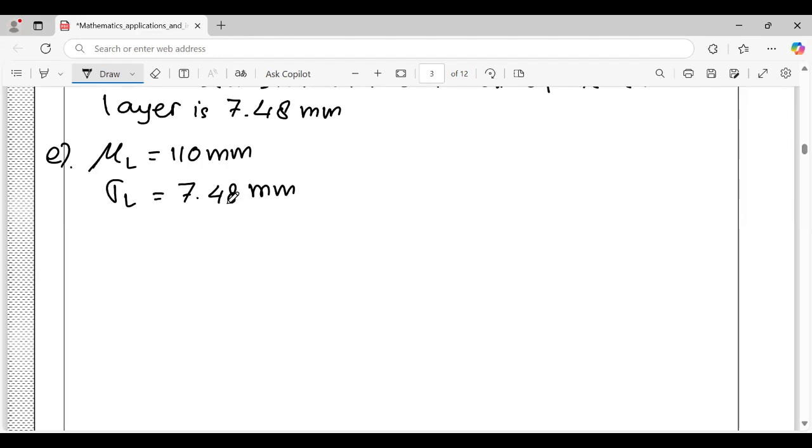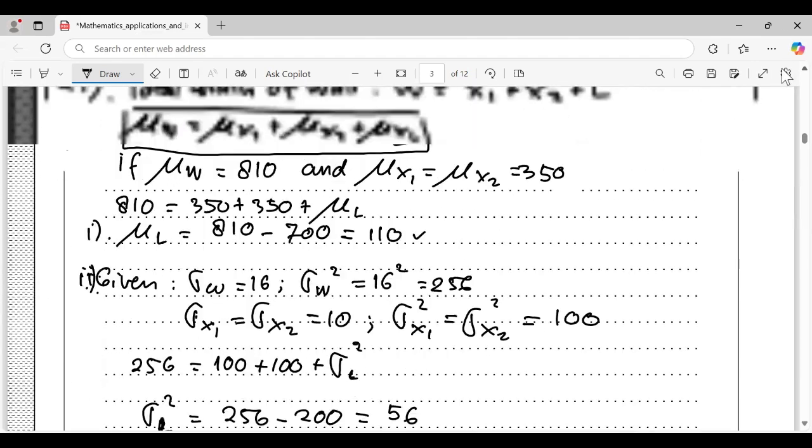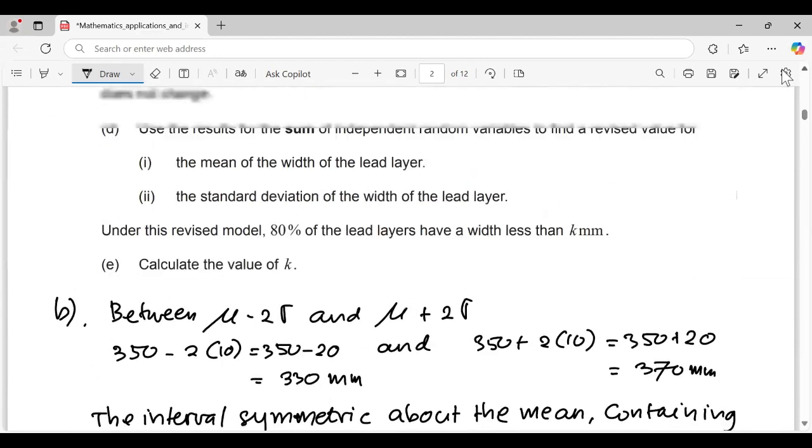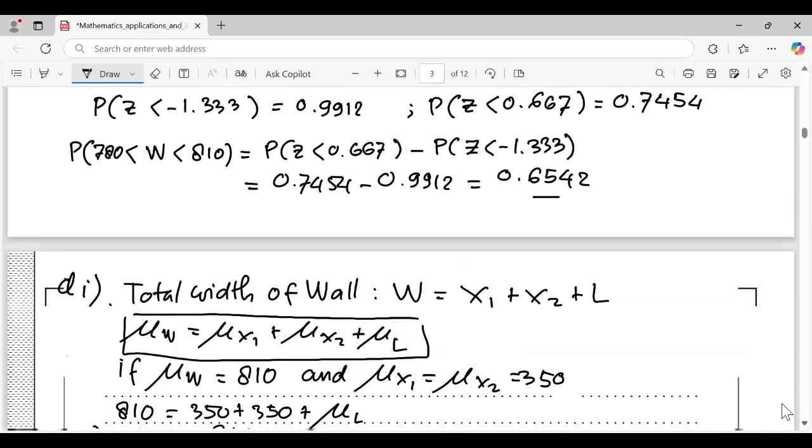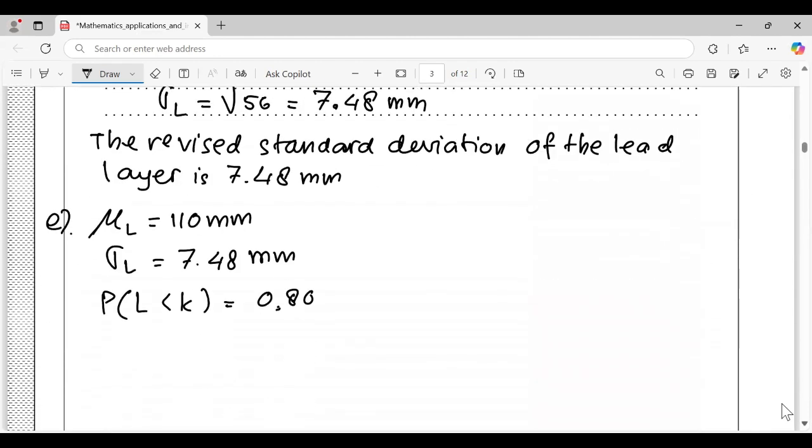We want the probability L less than k, and because of 80%, that probability is 0.80.